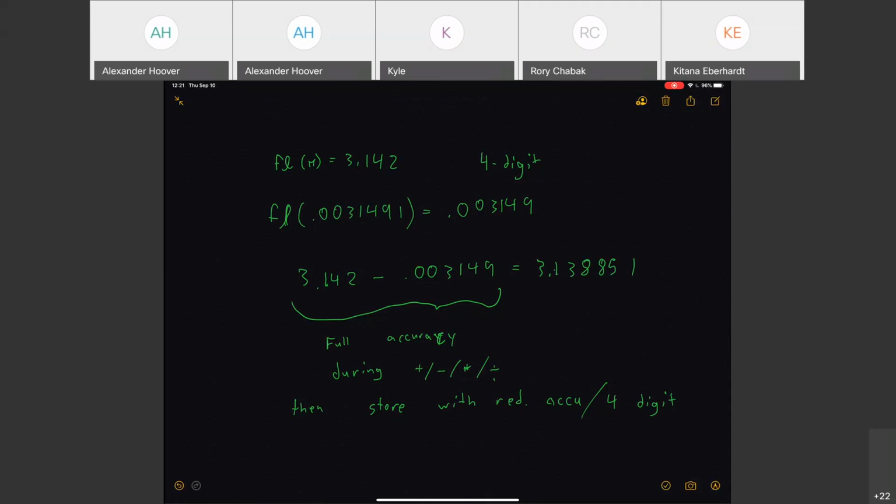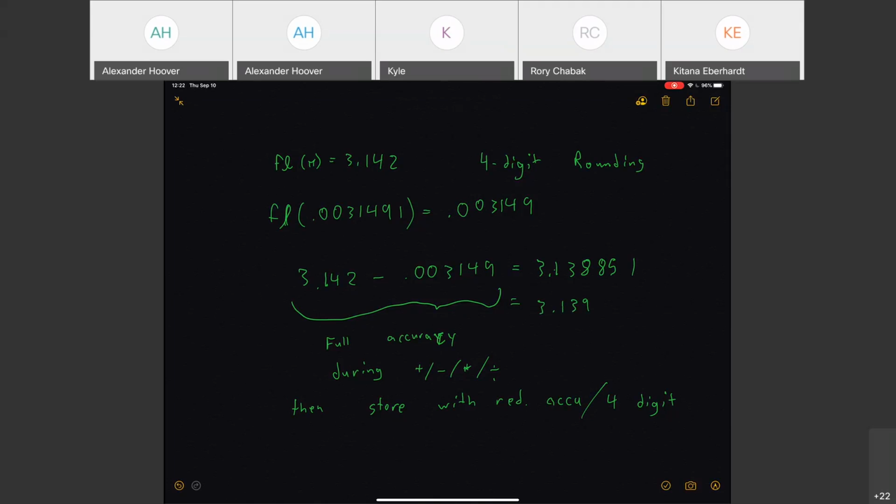So if I was using rounding, which is what I've been using here, then this would be interpreted as 3.139. Okay.